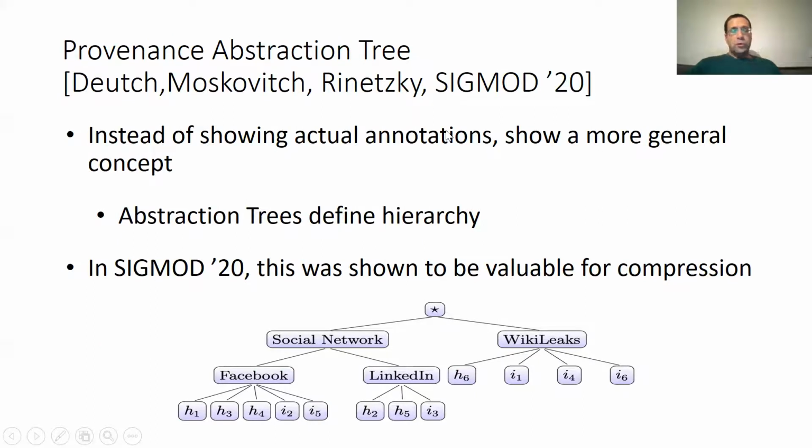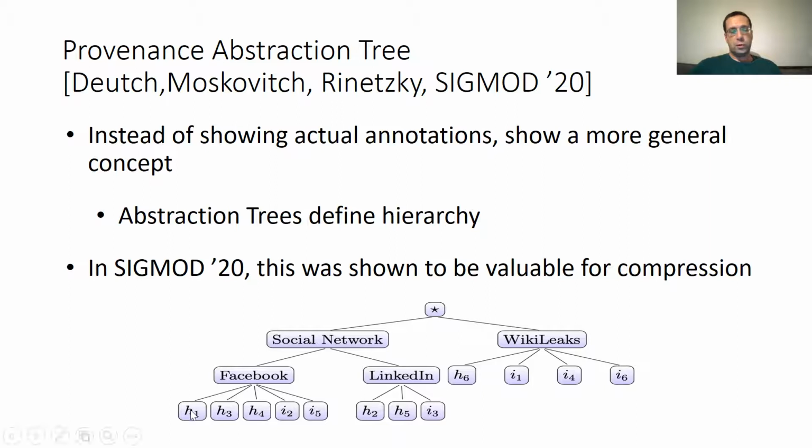So towards the solution, we propose to leverage a notion that we've developed in a paper from SIGMOD last year, which is called provenance abstraction trees. A provenance abstraction tree is a node label tree where the leaves are labeled with annotations from the provenance expression, and internal nodes are labeled with concepts that generalize them.